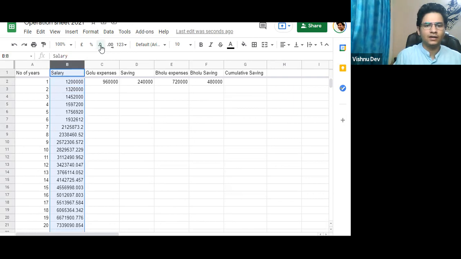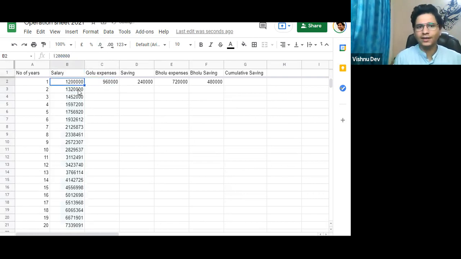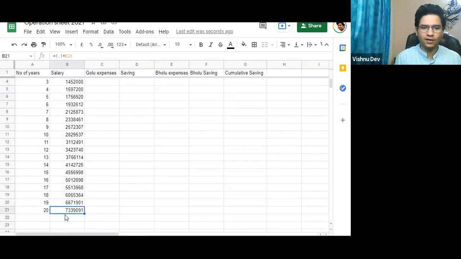So first year's salary will be 12 lakh, then 13 lakh 20,000, 14 lakh 52,000. At the end of 20 years, when he will be 45 years old, his salary would be 73 lakh 39,000.